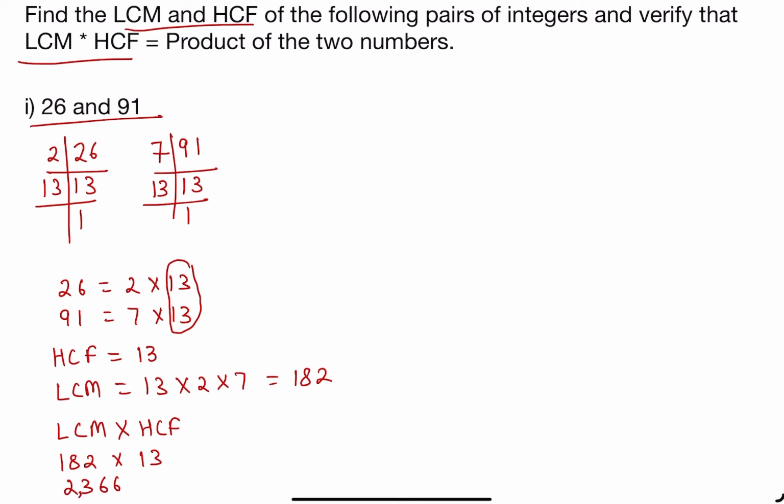Now product of first number and second number. First number is 26 and second number is 91. Then again it will come 2366. So left hand side is equal to right hand side. So verified.